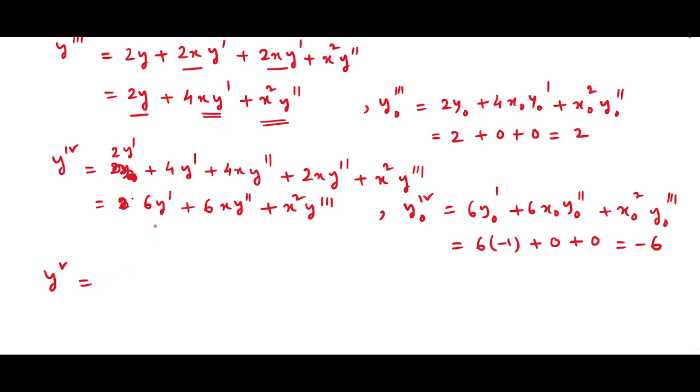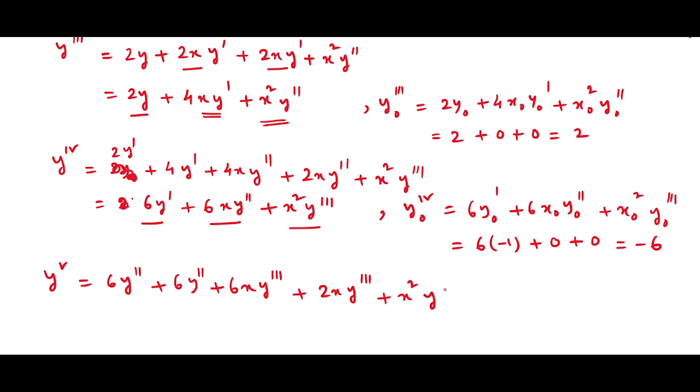So let us find one more, y5. So now we'll differentiate this one: 6y double dash plus, if we differentiate this, you'll get 6y double dash plus 6x y triple dash plus, let us differentiate it now, 2x y triple dash plus x square will remain the same and the derivative of y triple dash is y4.